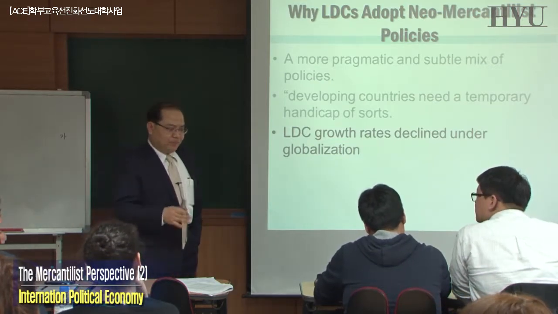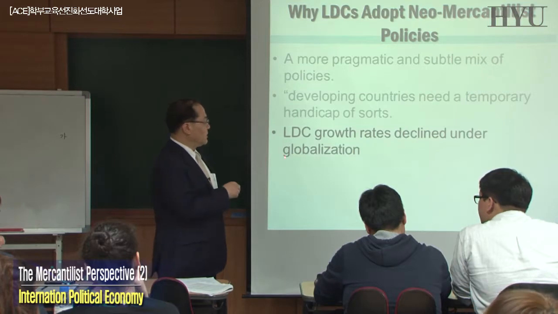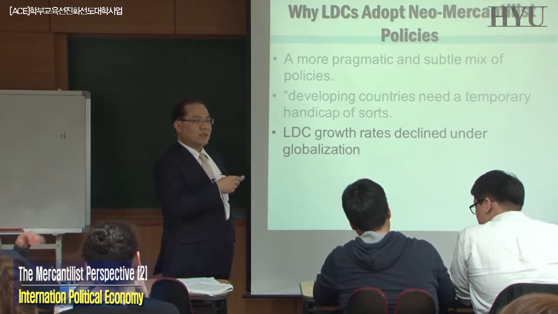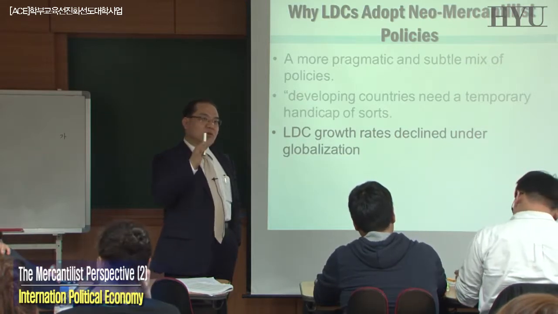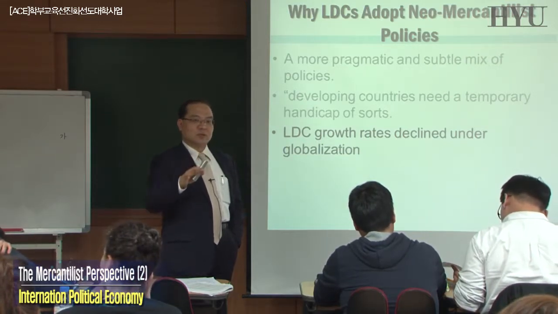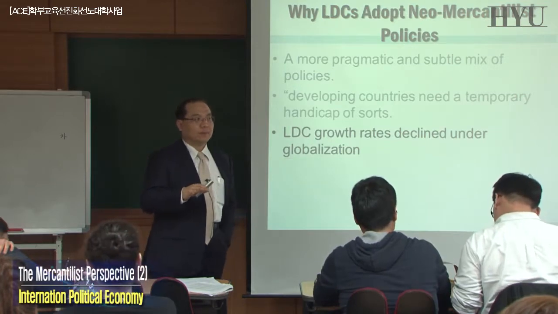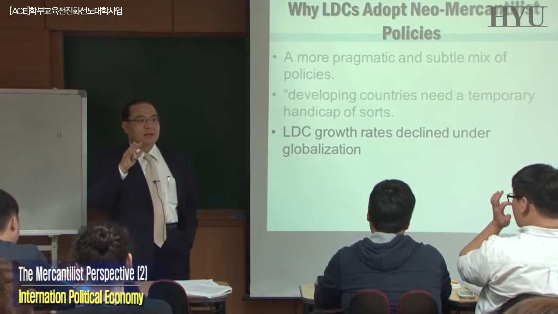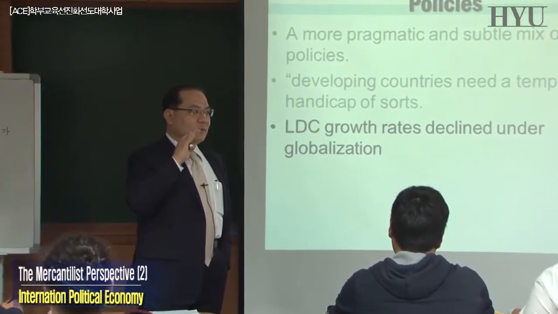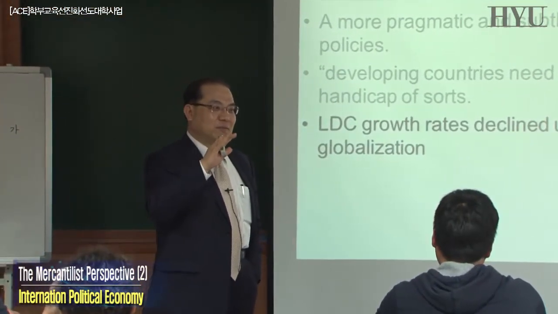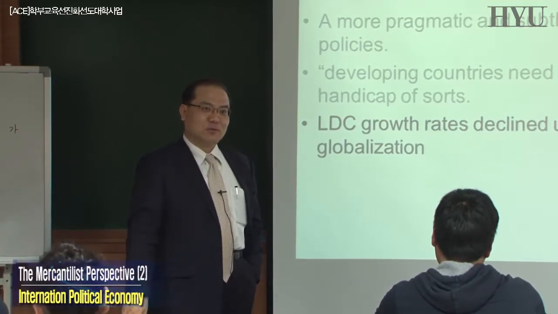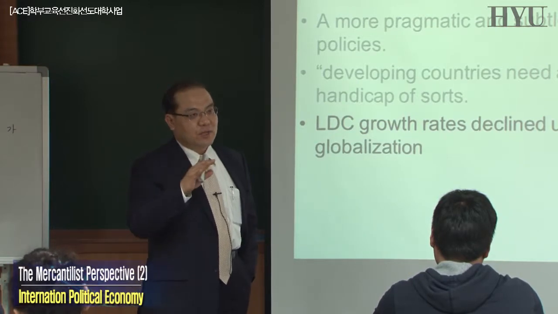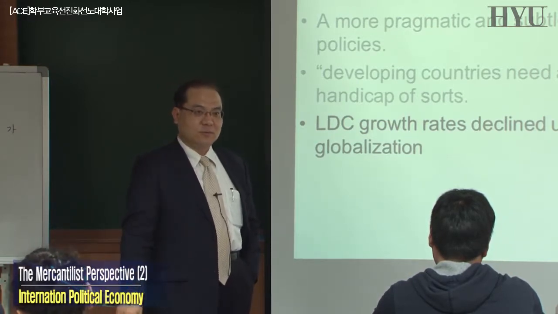Like, you know, this big criticism of globalization can be broken down into smaller ones, like FDI. Does FDI help developing countries to grow? Or does free trade lead to economic growth?